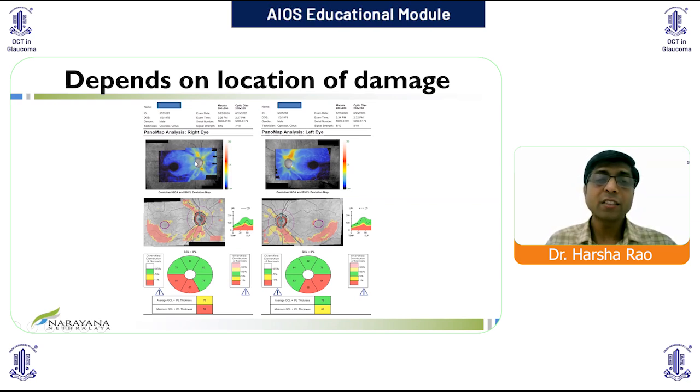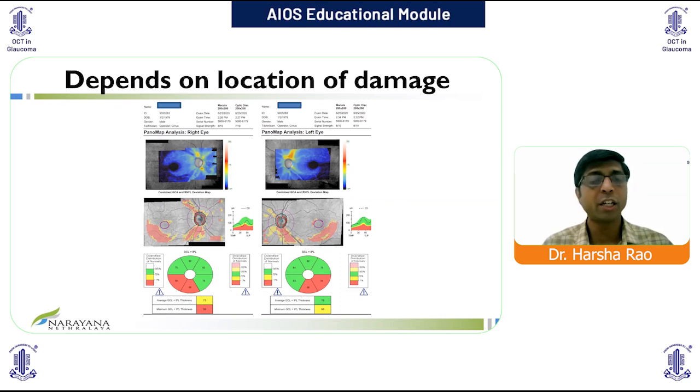However, if the structural damage is away from the macula, here is the RNFL damage away from the macula, the macular parameters don't pick this damage up very well. So whether it is the RNFL or the GCAPL or the GCC parameter, which is more important in diagnosing glaucoma or even in detecting glaucomatous progression, depends primarily on where the structural damage is, and no one parameter is better than the other.